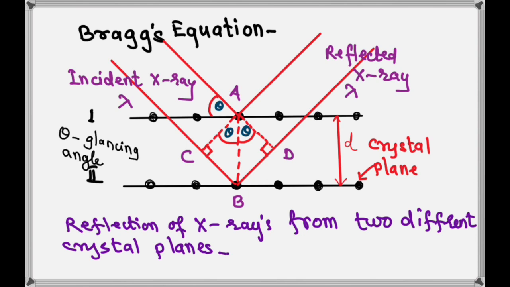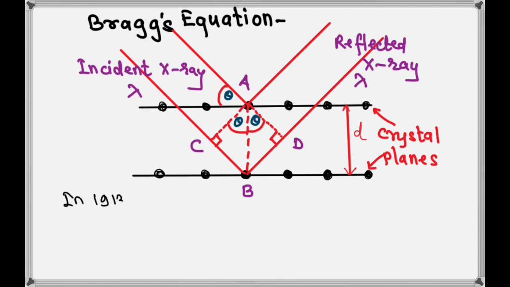Then the X-ray, which is shown in red here, is incident on a metallic crystal whose wavelength is lambda and its incident angle is theta. This one, glancing angle or incident angle is theta. Remember, both these angles are same.